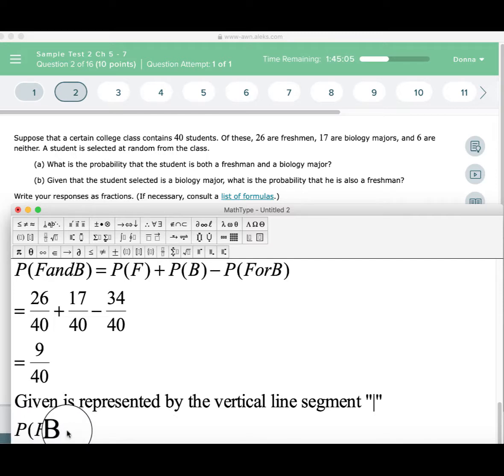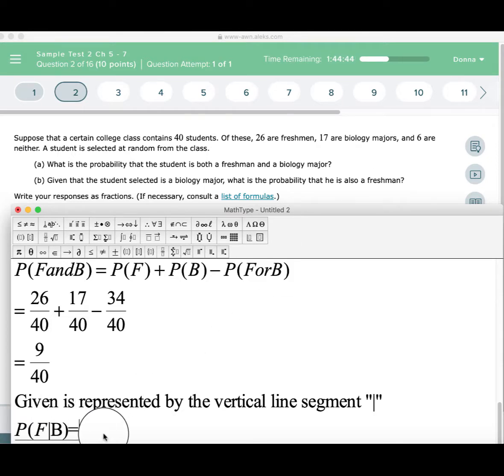So we're really asked to find what's the probability that a student is a freshman given that they're a bio major. And so that mathematical notation is the way we capture that English statement: given that a student selected is bio, probability, freshman. So we have it here.